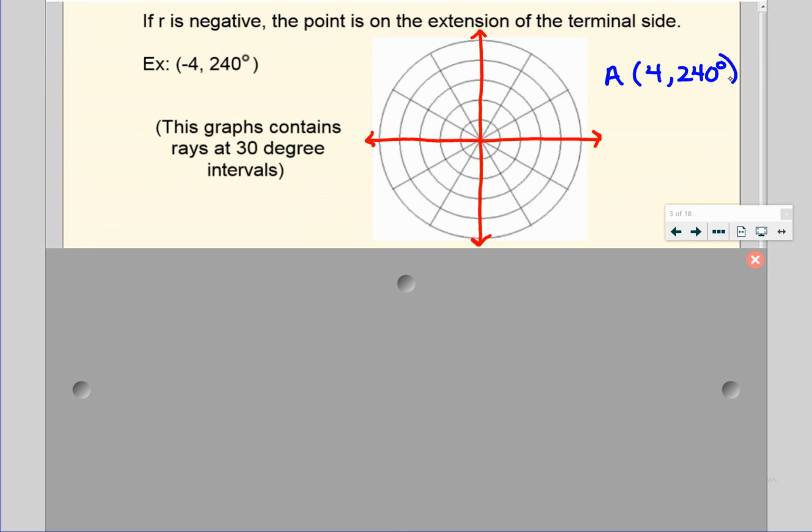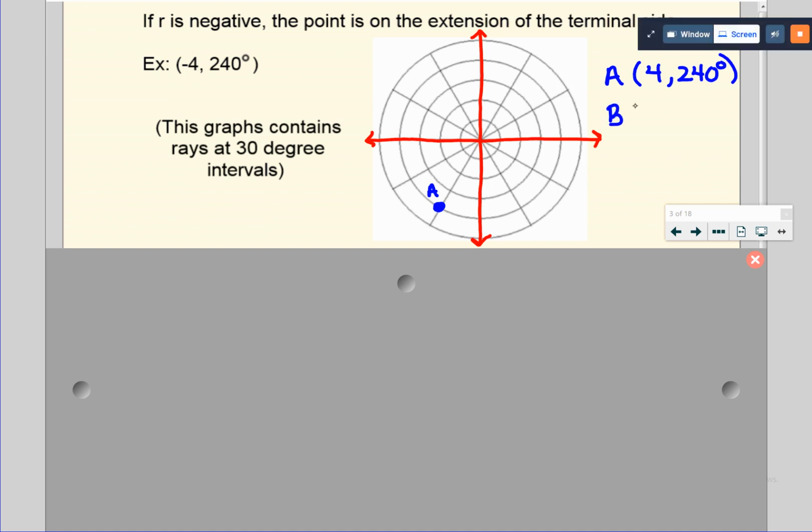So I know on that 4th circle, my point is going to be somewhere. Then 240 degrees tells me where I'm going to stop that rotation. You can just picture where 240 degrees is going to be on your unit circle. What quadrant is that in? It's in quadrant 3. So 240, 4 circles out, will be there. That's that point.